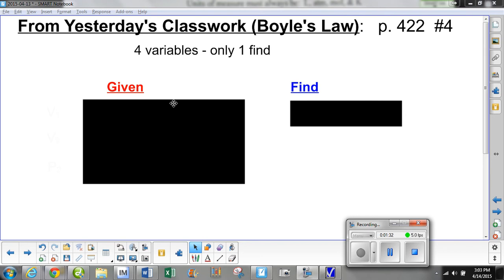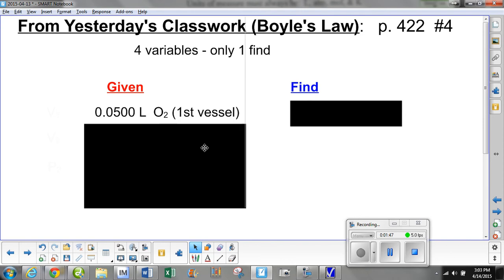So, I'm going to read along here. I want you to stop me when I get to something that sounds like a given or a find. If it takes 0.0500 liters of, what should I write down? 0.0500 liters of oxygen. Excellent. Now, this is the first vessel. The first one I see, I'm going to call V1.